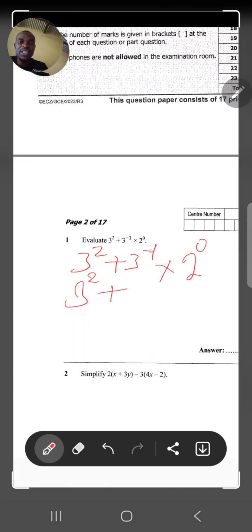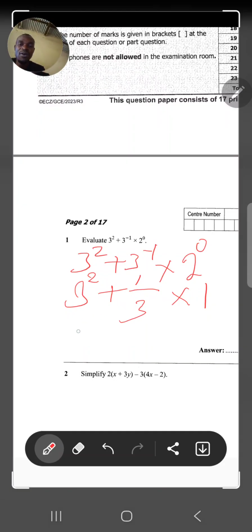If we get rid of that negative, it is going to be 1 over 3, times 2 to the power 0. Any number raised to power 0 is just 1. And then if we multiply, we begin with the BODMAS rule. We are supposed to work with the multiplication before we get into the addition.